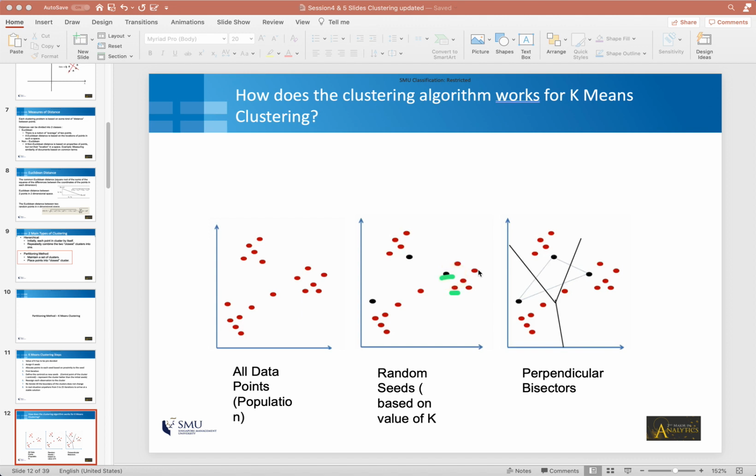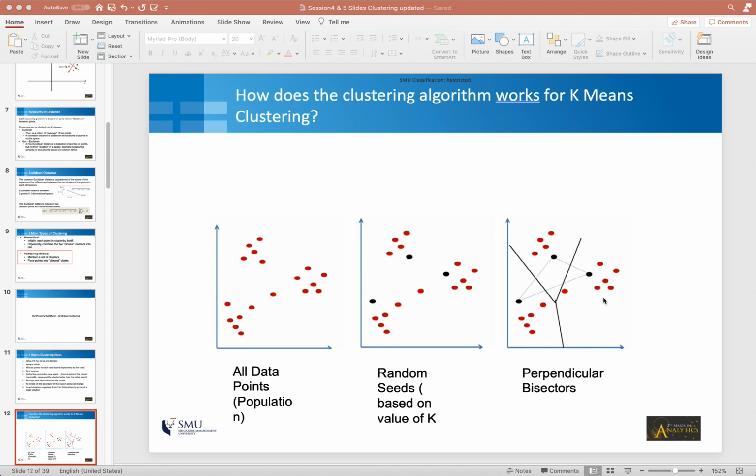Now this can be done in a few ways. One way is that for a given observation, I calculate 3 Euclidean distance measures, one to each center, and then find whichever is the minimum Euclidean distance. You say that that observation belongs to the cluster represented by that center.